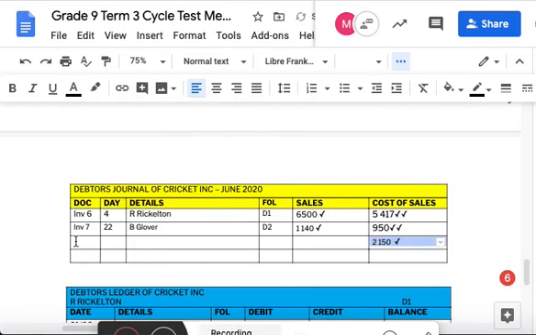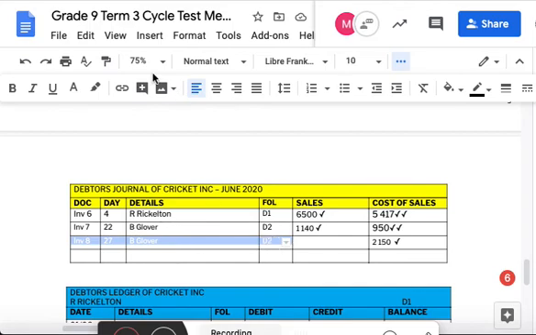Okay, what is our details here, Chris? You don't know? Someone help Chris out. What is our detail here? Invoice 8, the date is the 27th. Who is purchasing from us? B. Glover. Is he debtor 1 or debtor 2?